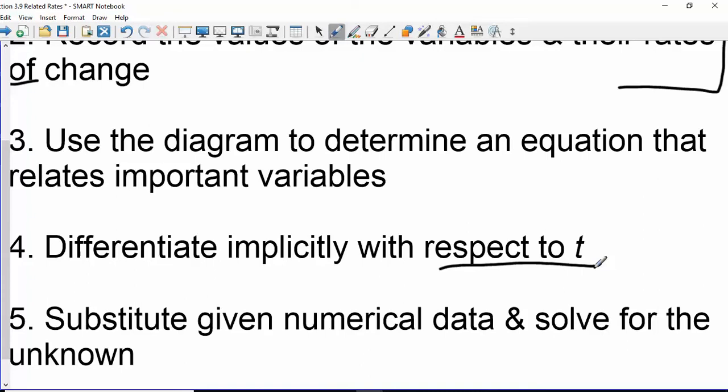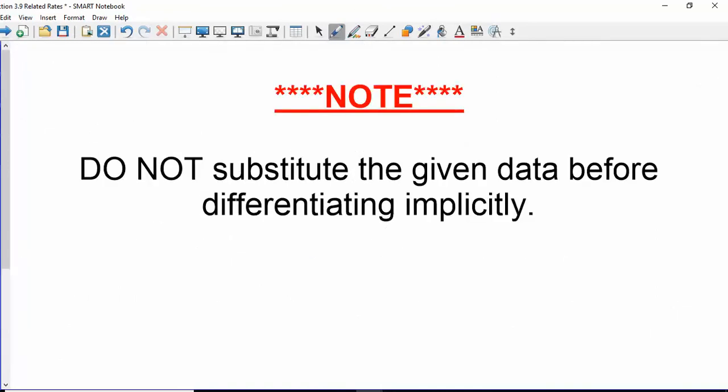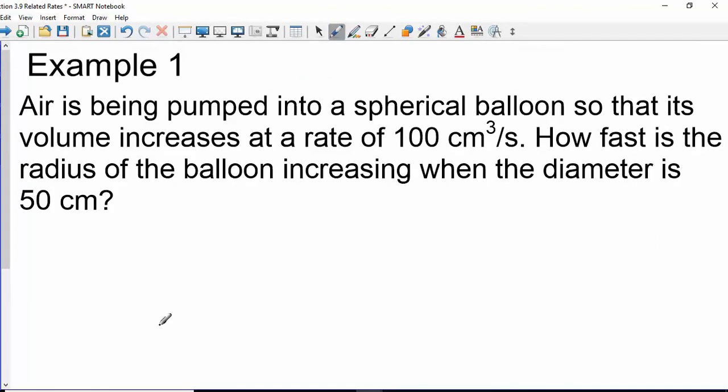But if I were using a problem that involved my height, is my height changing? No, so I could plug that one in at the beginning. So constants get plugged in right away. Any quantity that's changing cannot be plugged in until the very end. Don't substitute too early. So let's do a problem.